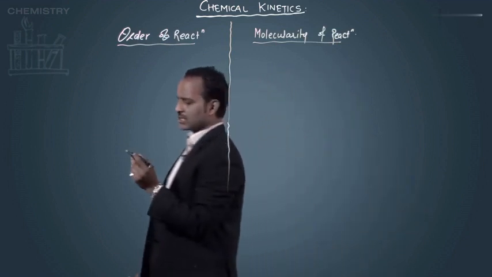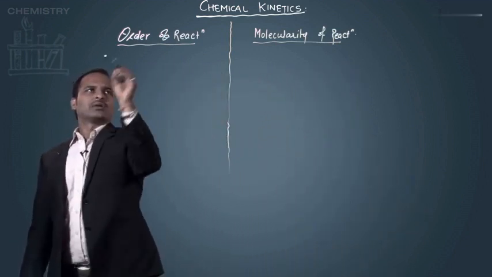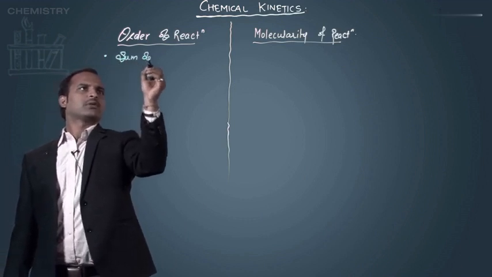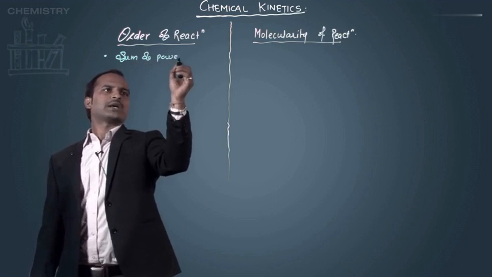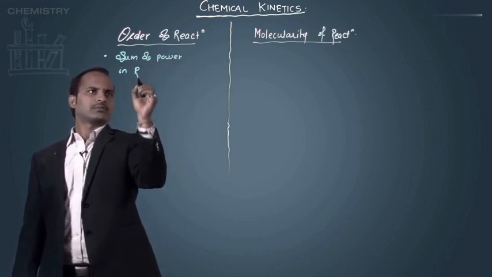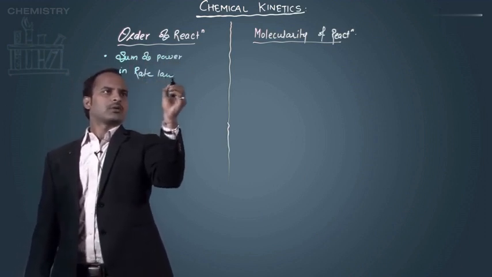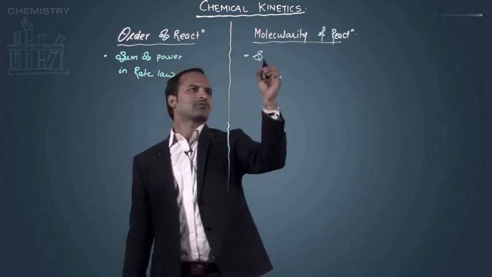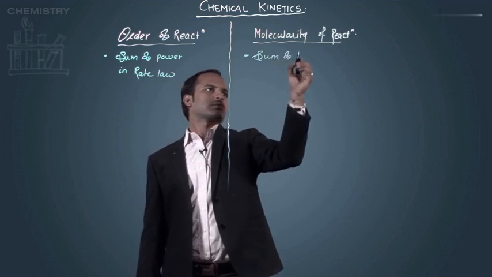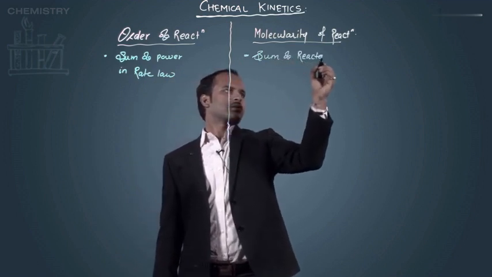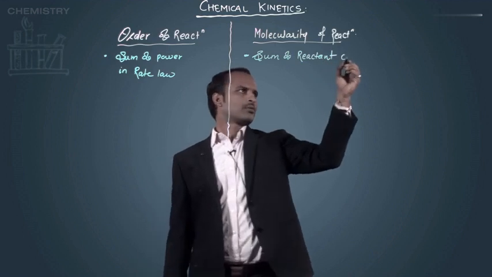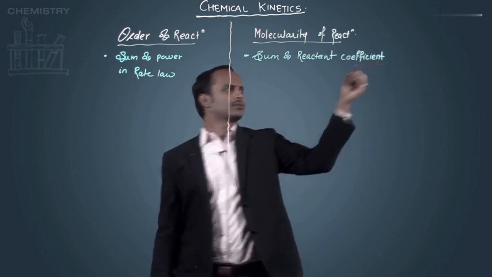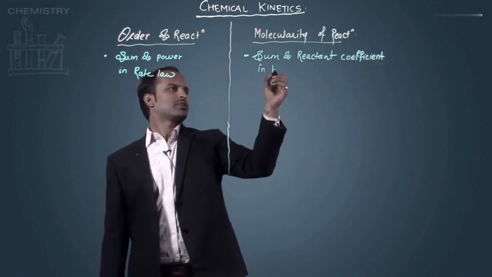Order of reaction is obtained by adding the sum of the powers in a rate law. While the molecularity of a reaction is nothing but the sum of the reactant coefficients in a balanced equation.